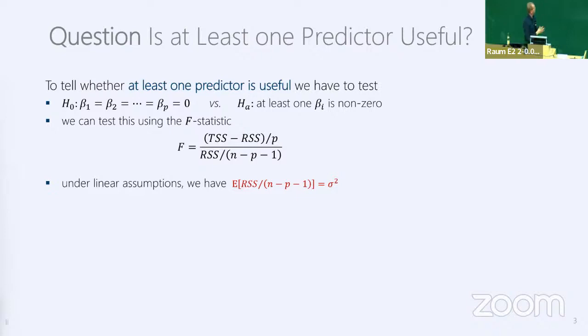So what we have to do in order to tell if at least one predictor is useful, we need to define a statistical test where our null hypothesis is that all of the coefficients, beta 1 up till beta p, are insignificant. Note that I ignore beta 0 because that's just the intercept, and as we discussed, it's just a flat line, right?